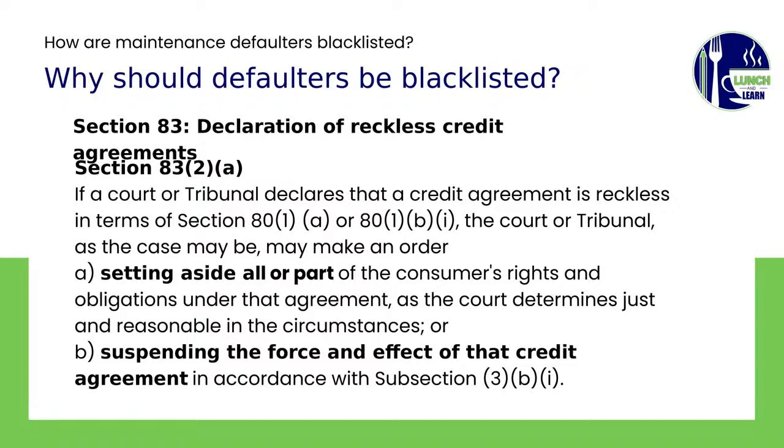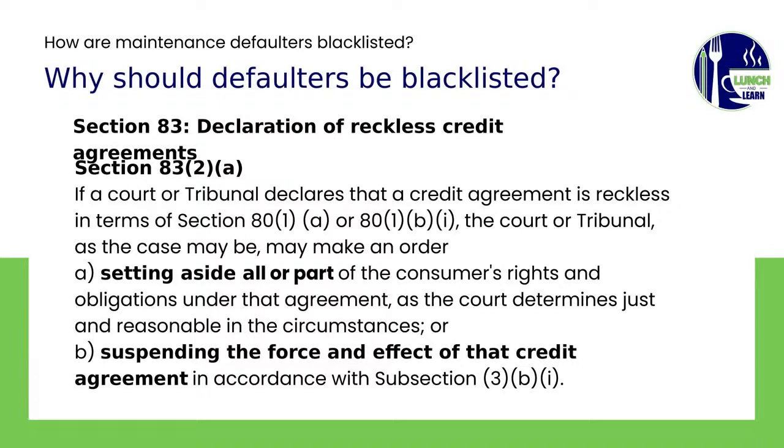In terms of Section 83, declaration of reckless credit, if a court or a tribunal declares that that credit agreement was reckless, the court or the tribunal, as the case might be, can also make certain orders if the credit provider granted credit recklessly.